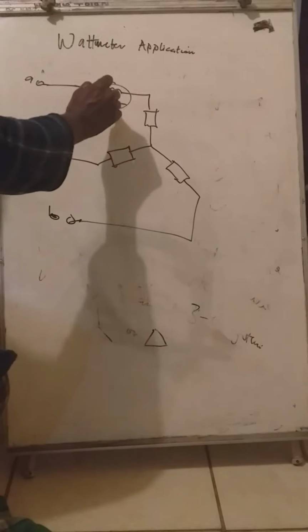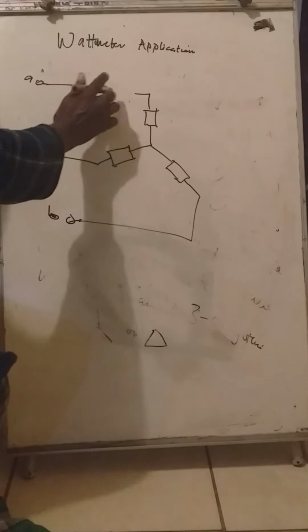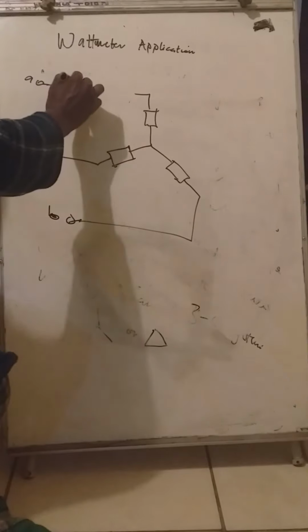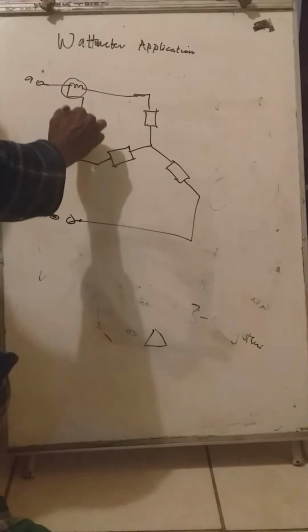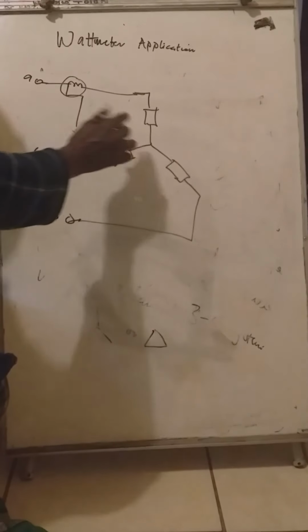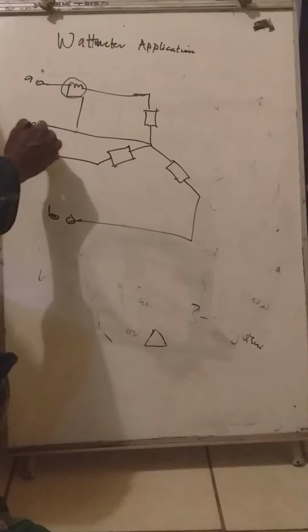Then we have the wattmeter placed on line A, and we have the neutral wire to balance the system.